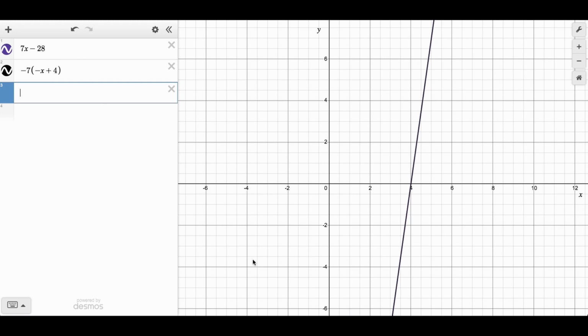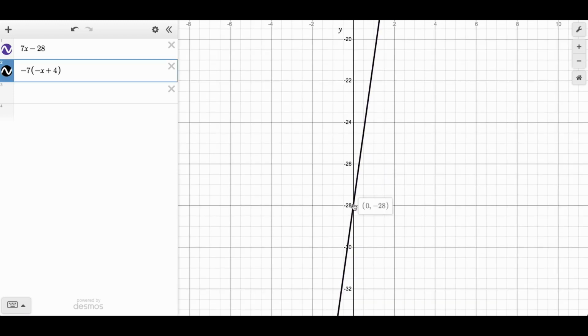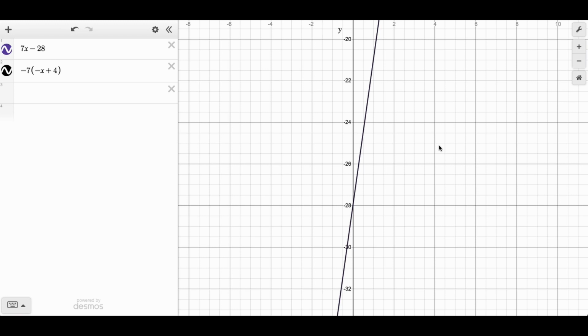So every real value of x will be a solution of these two. And we can see that. They even have the same y-intercept. If we go down, they're the exact same line.